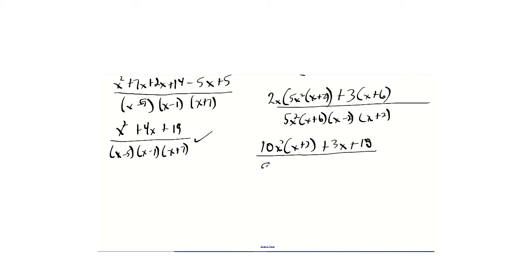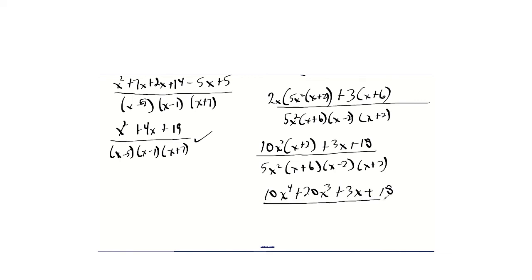Write your denominator back in here: 5x squared, x plus 6, x take away 2, x plus 2. Multiply these two together. I've got 10x to the 4th plus 20x cubed plus 3x plus 18, all over, just keep writing your denominator.